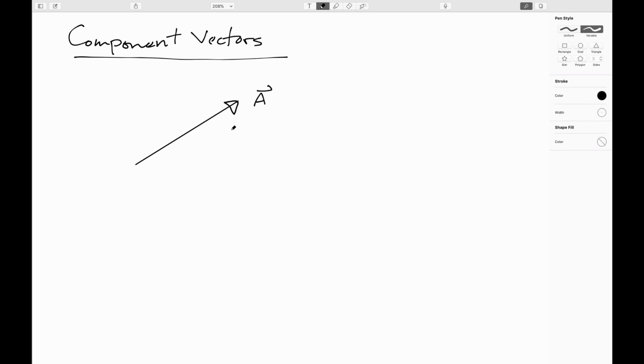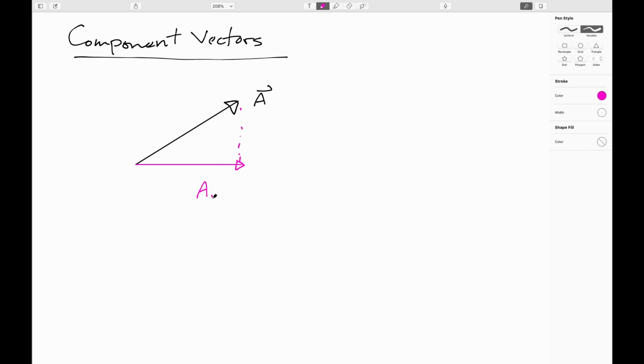Now, it turns out that we can make this vector up using two special vectors that are called component vectors. One of the two vectors we will need will be a vector that points purely along the x-axis. There we go, ish.